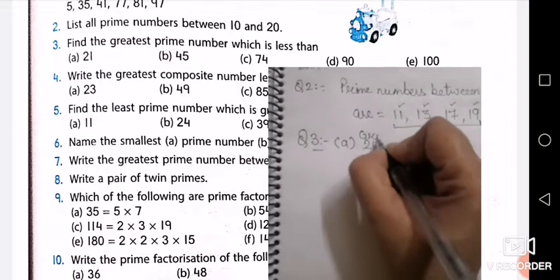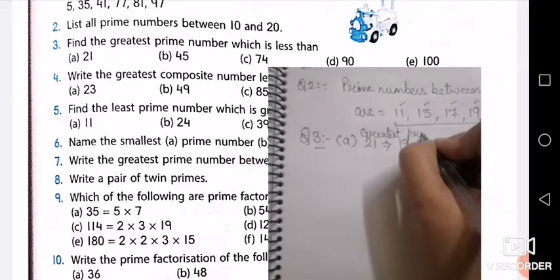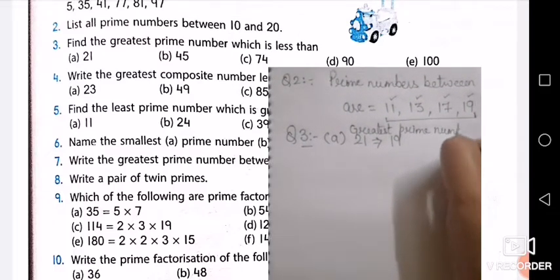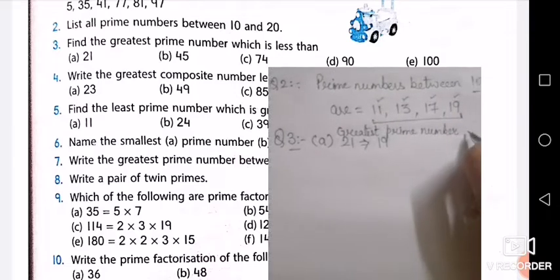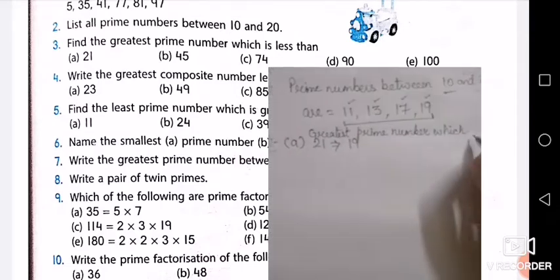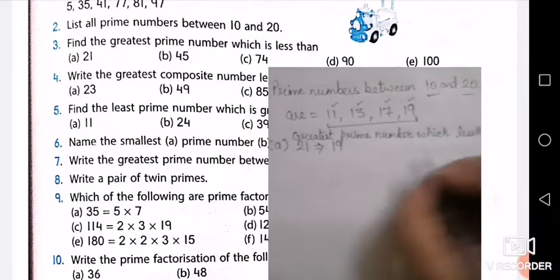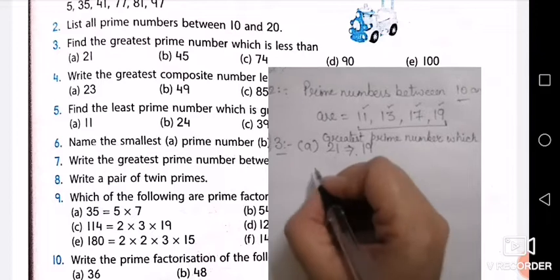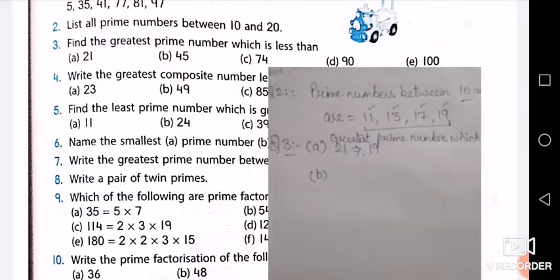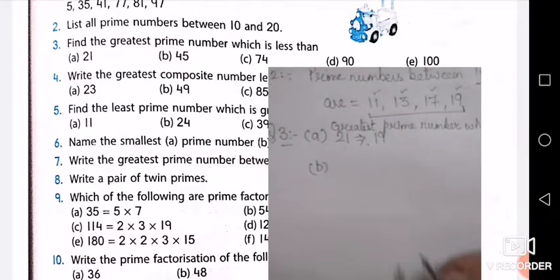Greatest prime number which is less than. This we have to find out. Now answer of A will be 19, come to B 45. Before 45, 44. 44 is a composite number. Then 43.